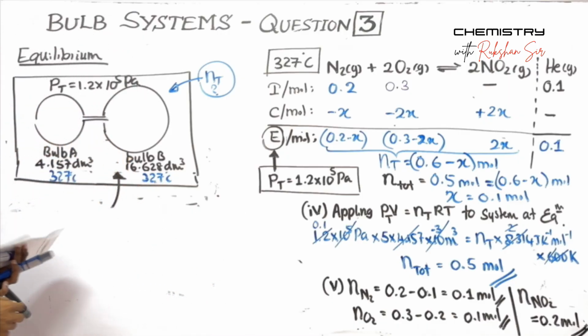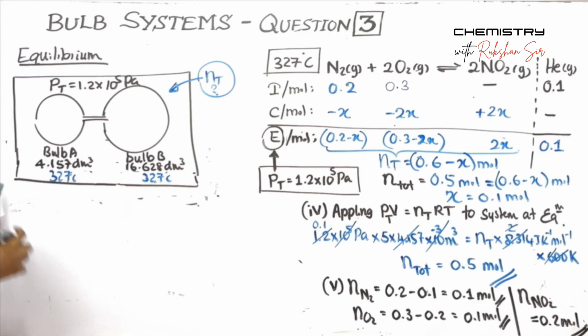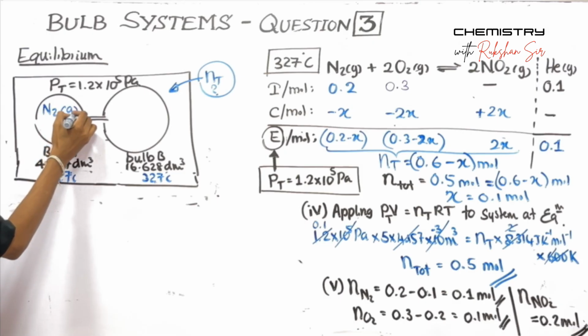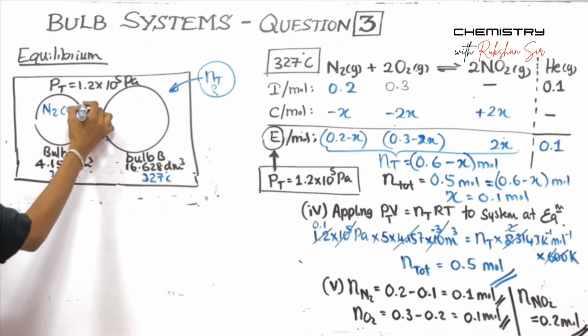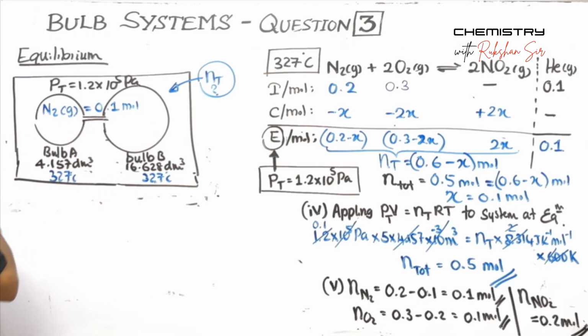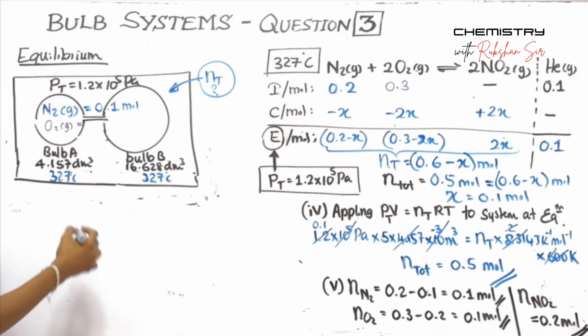Final thing, the partial pressures of the stuff, right? So partial pressures of the stuff here. So at the end, now you are with some N2 gas, that is 0.1 moles. Then you have some O2 gas, which is 0.1 moles as well.